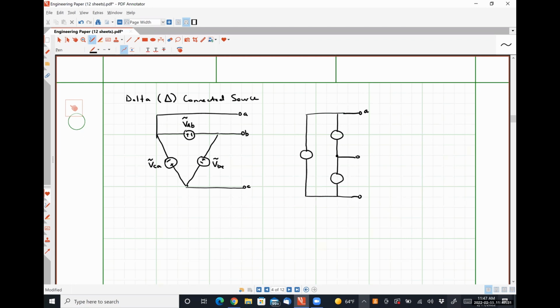Let's call this terminal A, this terminal B, this terminal C, giving us voltages VAB, VBC, and VCA. There is no neutral in a delta connected source.